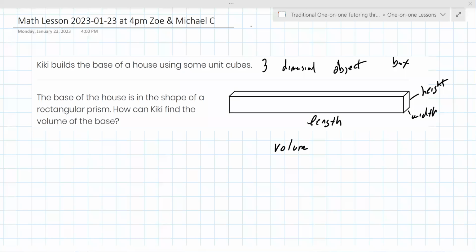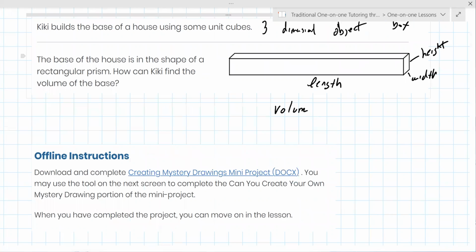Yeah. Okay. Is that something you want us to go through? Yeah, it's literally just the mini project. Okay. Let me get that downloaded and then opened, and I'll have a better idea of how to help you.